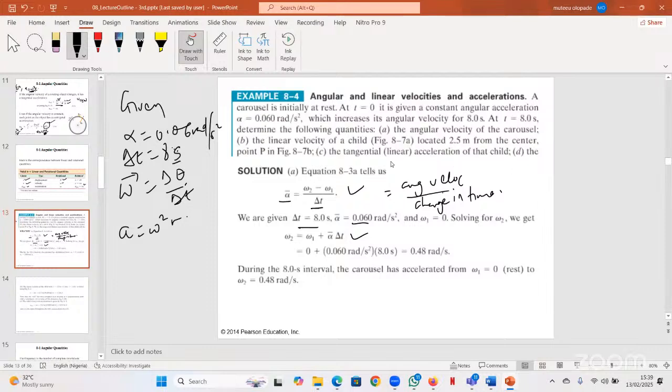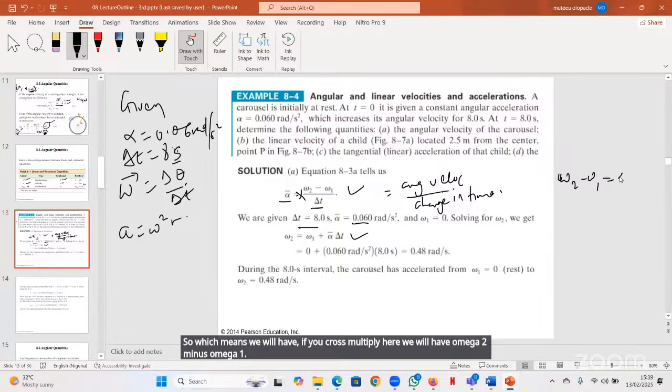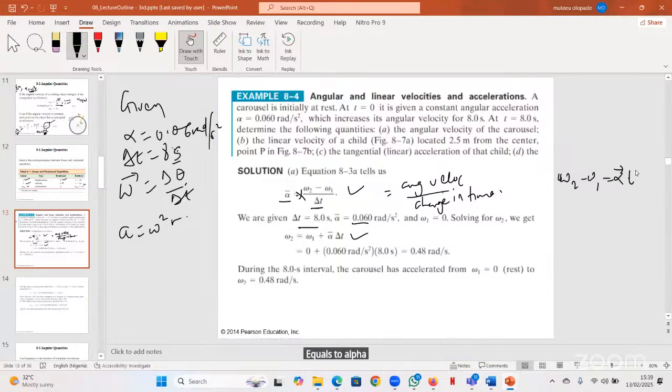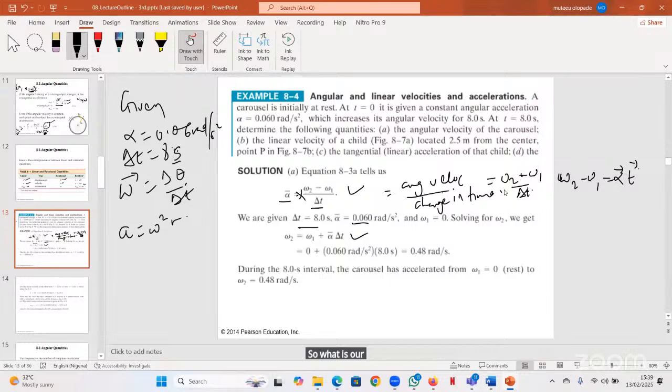Which means, if we cross multiply here, we will have omega 2 minus omega 1 equals alpha. So that is what we will have from there. So we can then have omega 2 minus omega 1 divided by change in time. So what is our omega 2, omega 1?